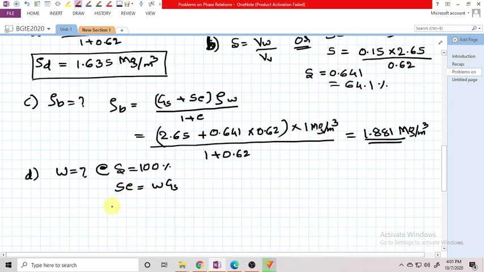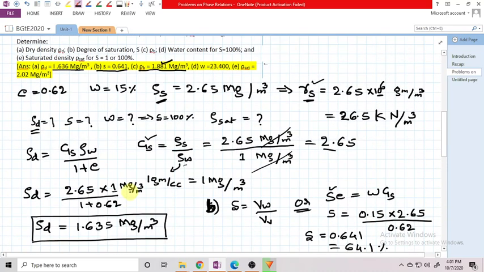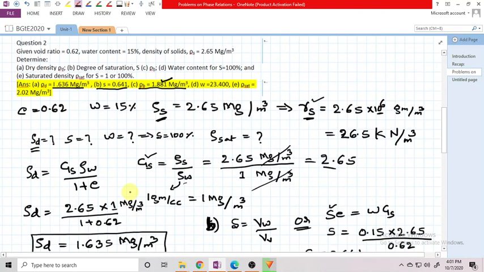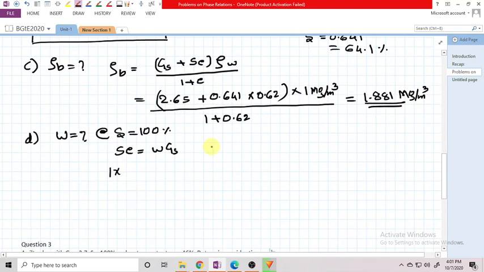S is 1, so e equals w·Gs, and w equals e divided by Gs. The void ratio they already gave, 0.62, divided by the specific gravity, which they also gave, 2.65.